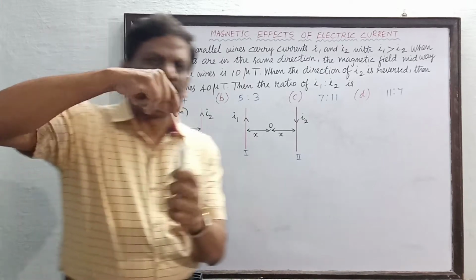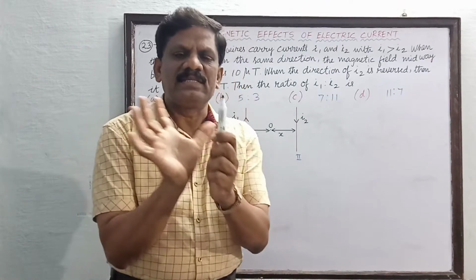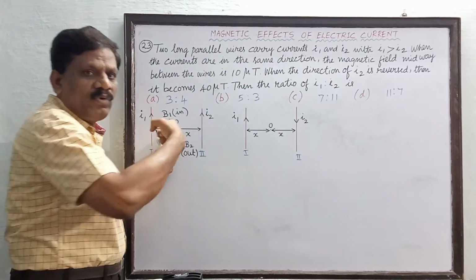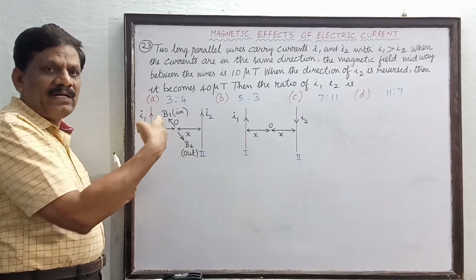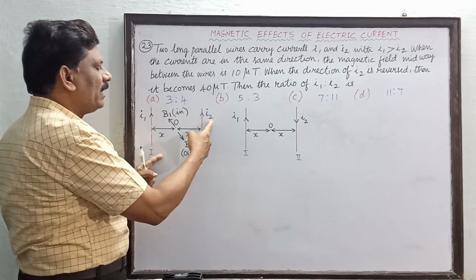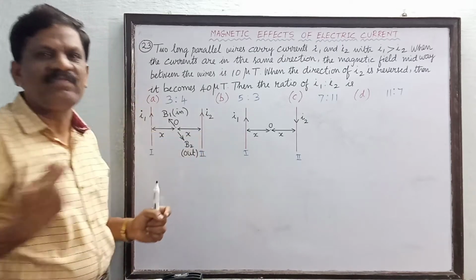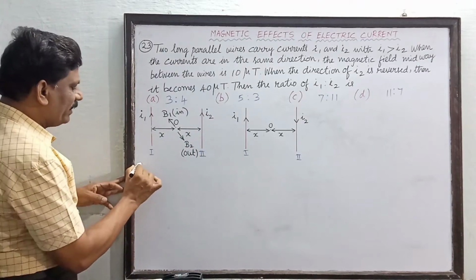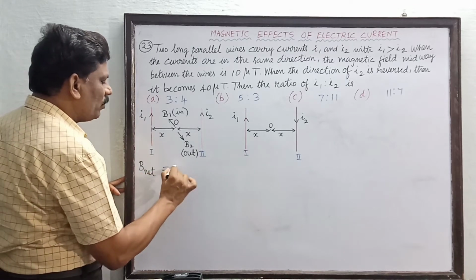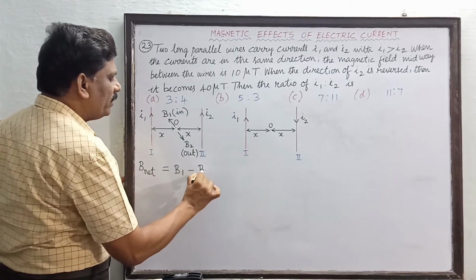Because it is a circular loop, the circular magnetic field due to the current I1 is going into the board, perpendicular to the board inwards at the point O, and due to current I2 in the conductor it is coming out of the board. So I will write the net magnetic field B net equal to B1 minus B2.